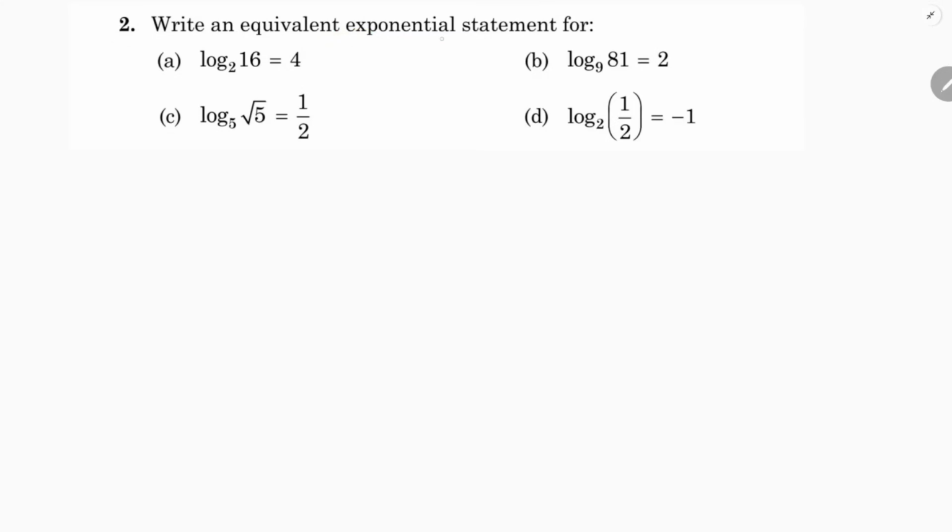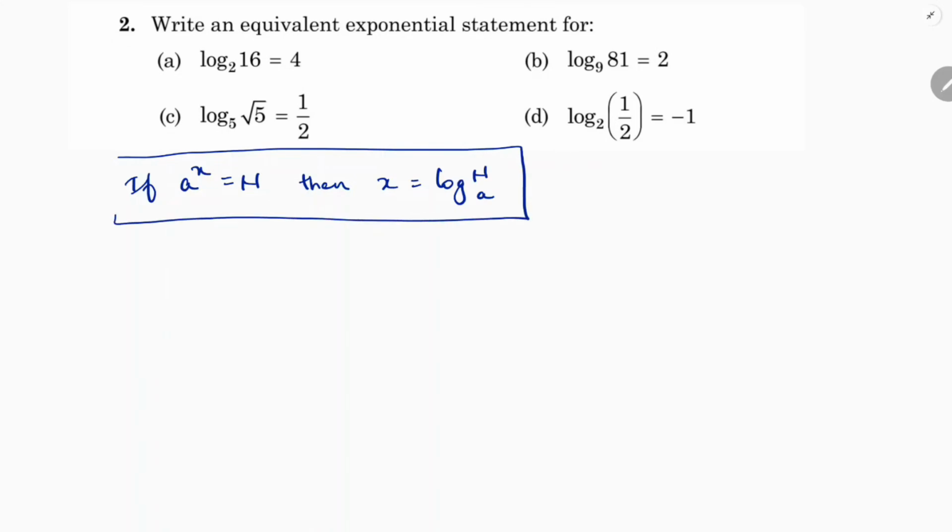Write an equivalent exponential statement for logarithms. So here the questions are in logarithmic form. We need to write in exponential form. Before that, I'll write the definition. If a power x equals n, then x equals log n to the base a, where a and n are positive real numbers for some real x, and a should not be 1.